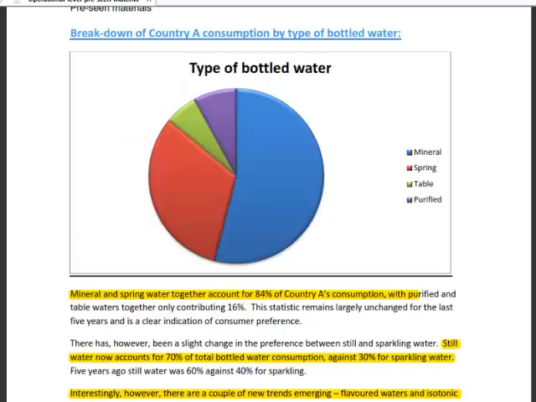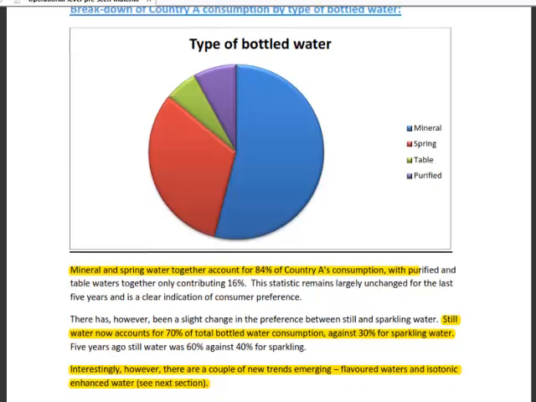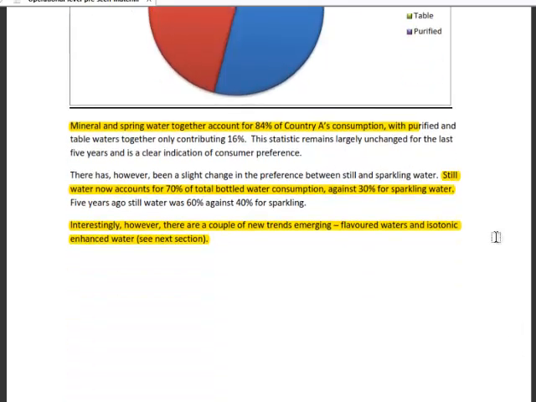So now let's have a look at the breakdown of consumption by type of bottled water. Mineral and spring water, 84%. Well, mineral and spring water is exactly what Valley produce, so that's consistent and that's fine. We've got again this statistic that is probably going to be important.